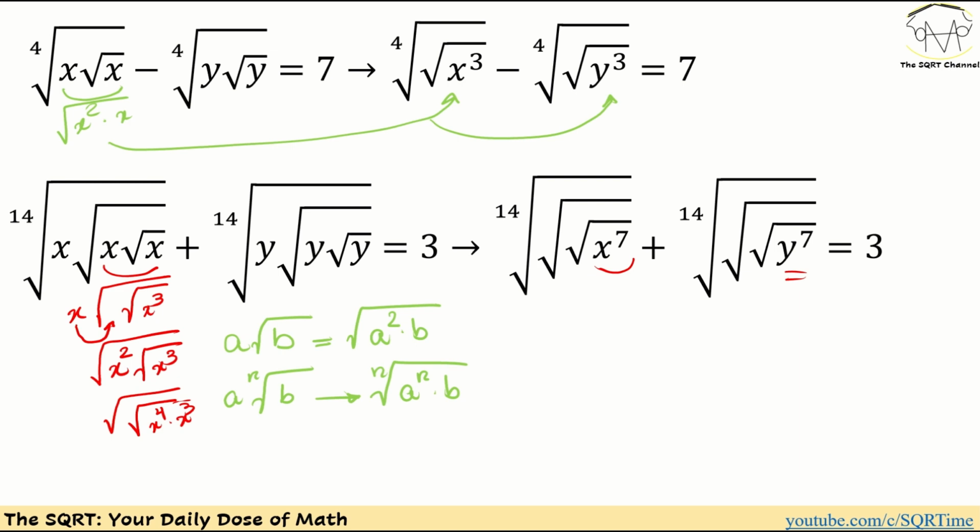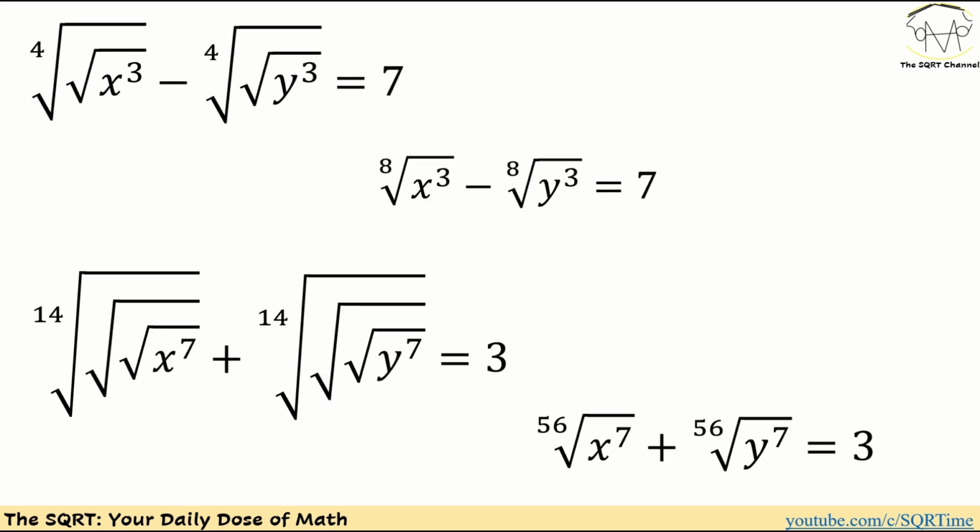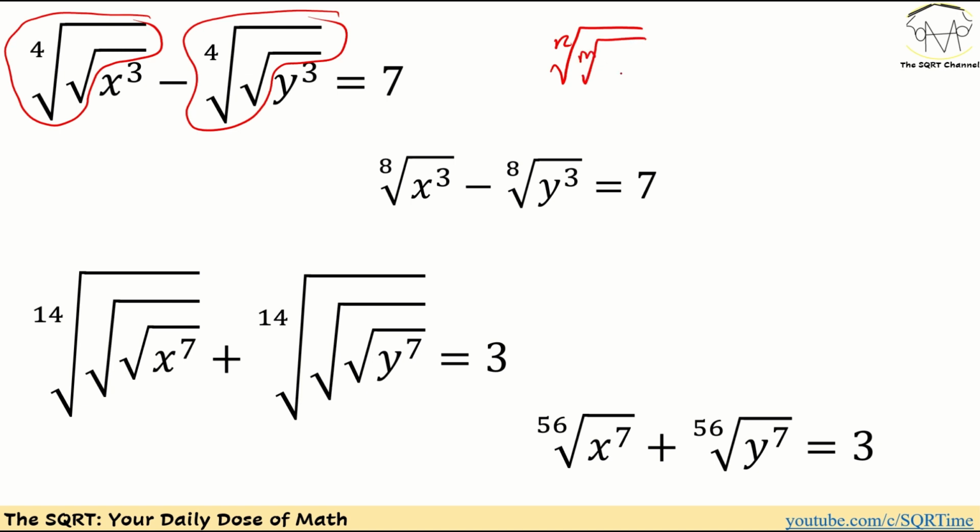Now, these two equations that we have, we are going to simplify further to see what we can do with them. First of all, I'm going to combine these radicals to simplify things a little bit further. Let's focus on radical n and then radical m for a general term like a.